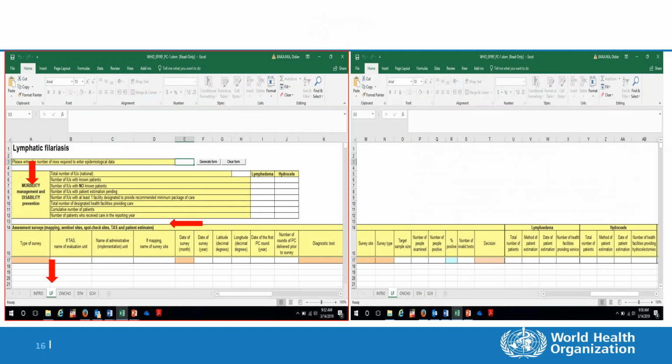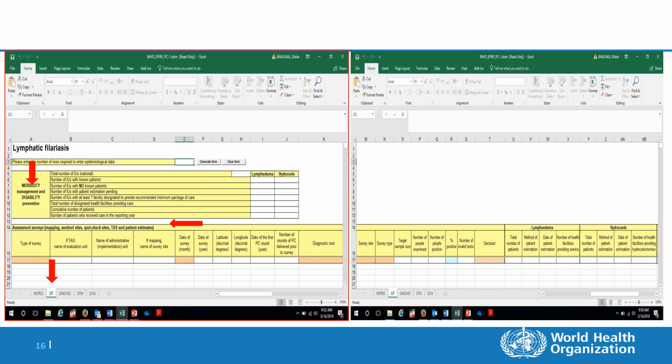So on the LF sheets, we have two parts of the form. On the first part, we have the morbidity management and disability prevention.